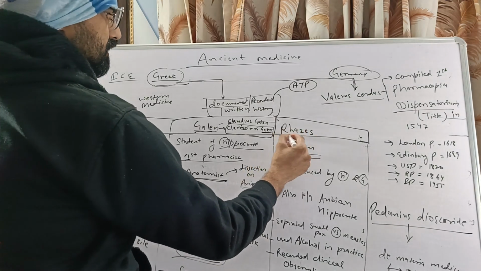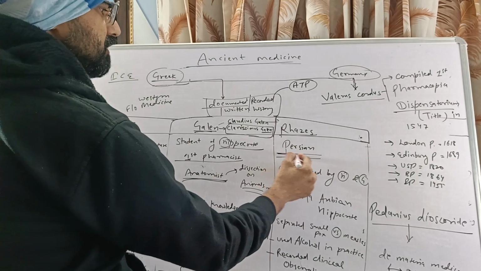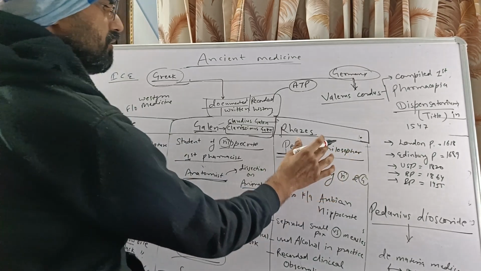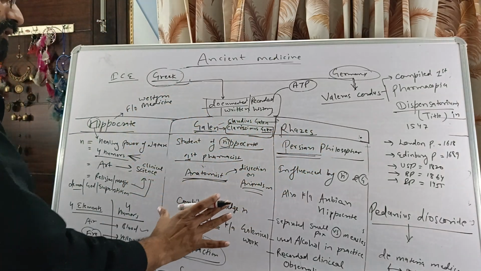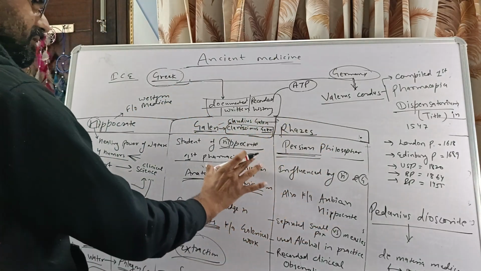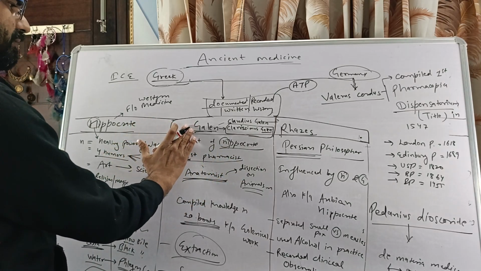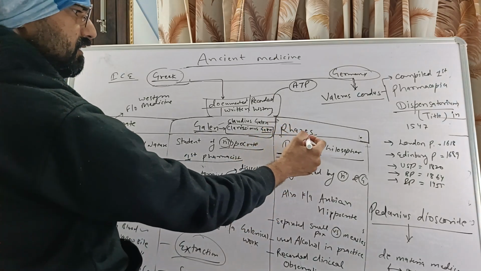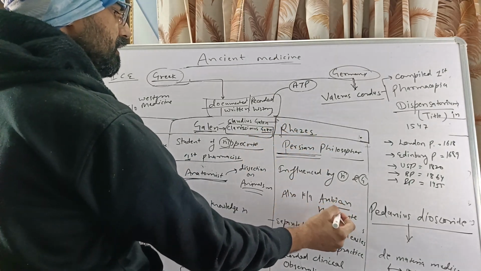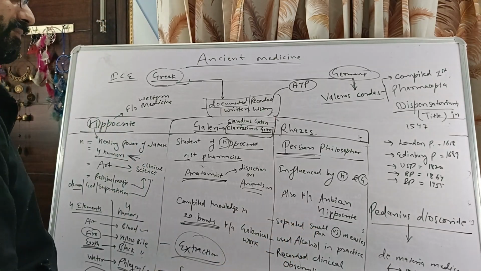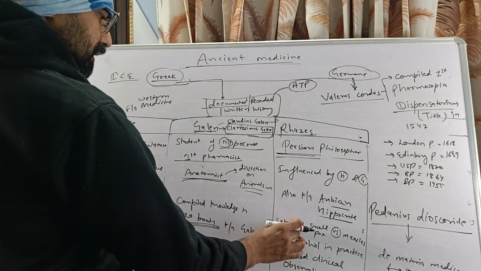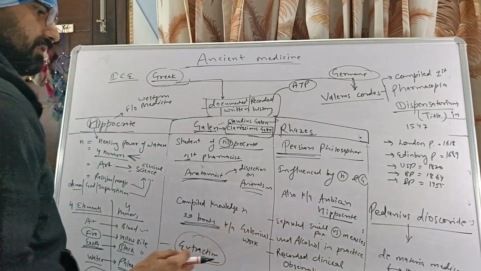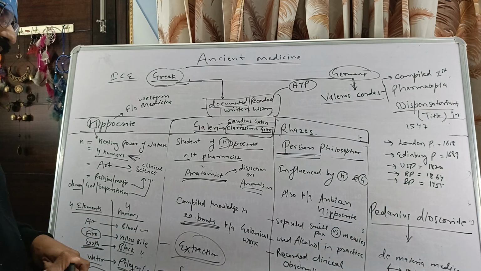Then there is Rhazes. Rhazes was a Persian philosopher. He was not of Greek origin. I kept him here because he was influenced by these two, Hippocrates and Galen. Sometimes Rhazes is also known as the Arabian Hippocrates. He distinguished smallpox from measles.